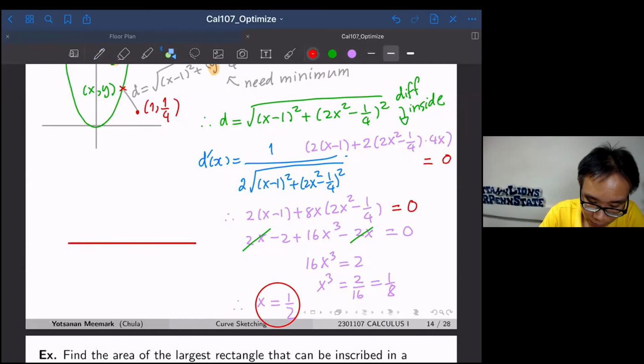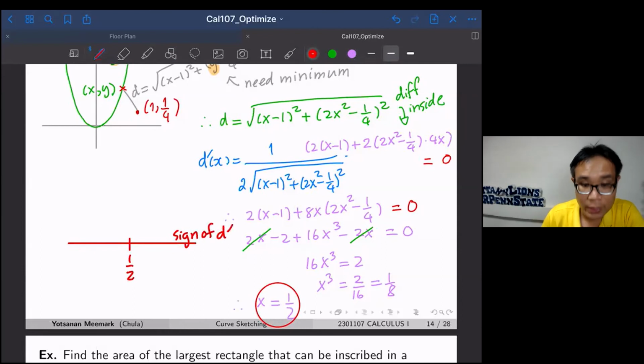So we're going to check at 1/2, and we're going to check the sign of d prime.